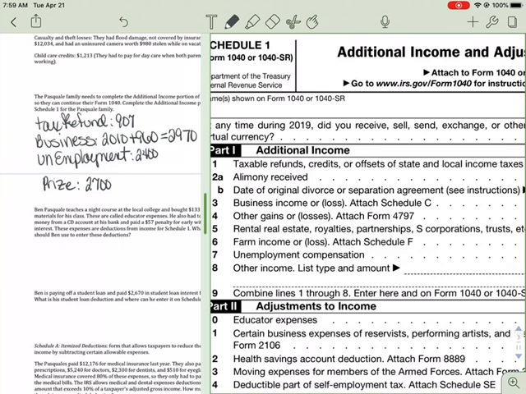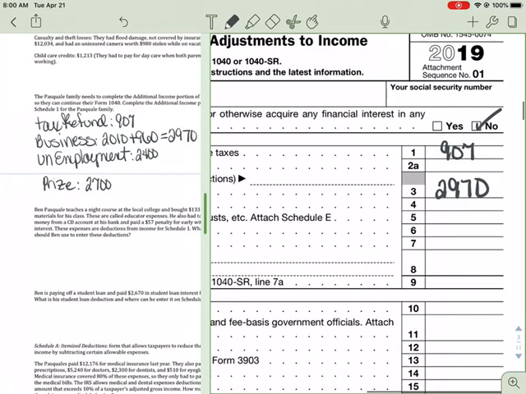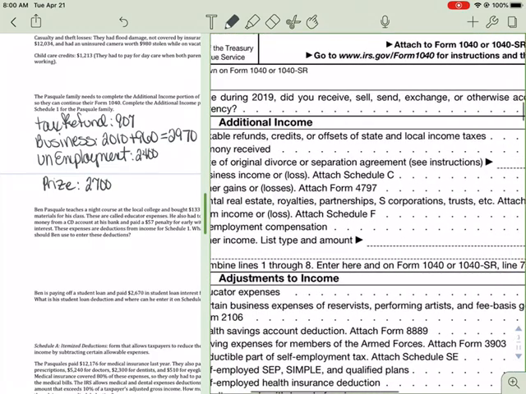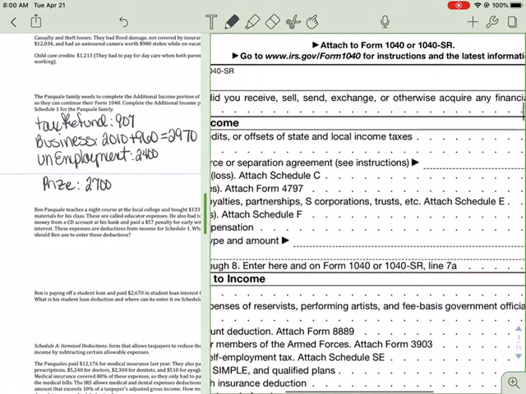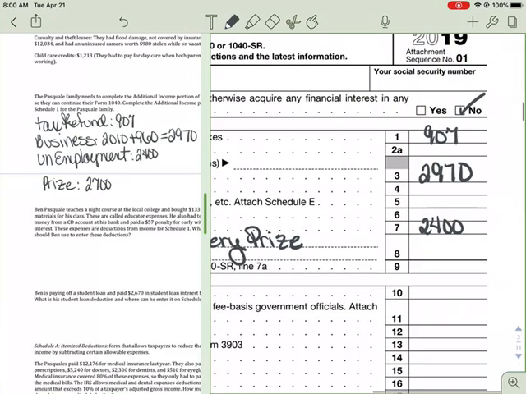All right. Gains and losses, nope. Real rental estate, nope. Farm income, nope. Unemployment, 2,400. Okay, and other income, they won the state lottery. So we'll just put state lottery of 2,700.